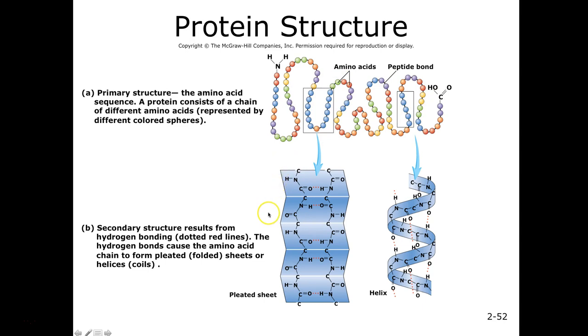Now the secondary structure is when we start to fold our amino acids into either beta pleated sheets or alpha helices. When we do that, we are creating some hydrogen bonds. And remember, that is some intermolecular bonding so that we can keep this conformation of our secondary structure.